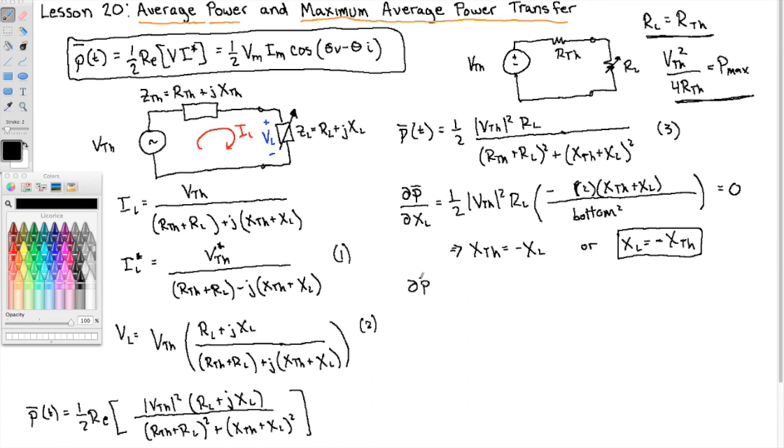All right, now let me take the partial derivative of equation 3 with respect to the load resistor, RL. So I've got the constants, 1/2 the magnitude of the Thevenin voltage squared. Now I've got the bottom times the derivative of the top. The derivative of the top is 1, so let me just write the bottom.